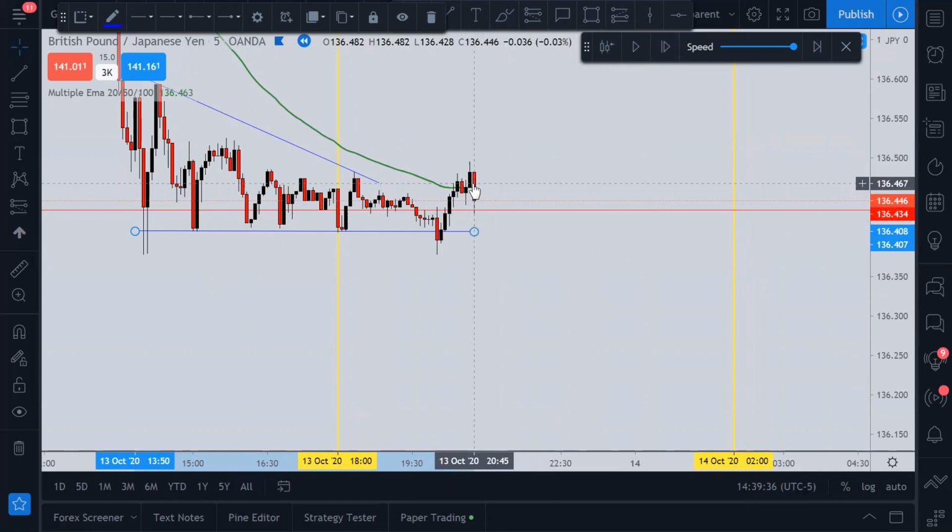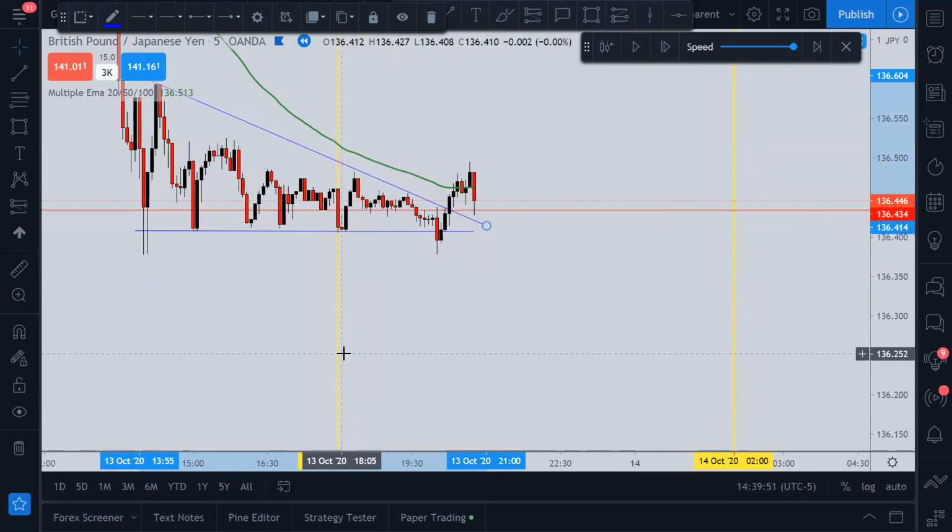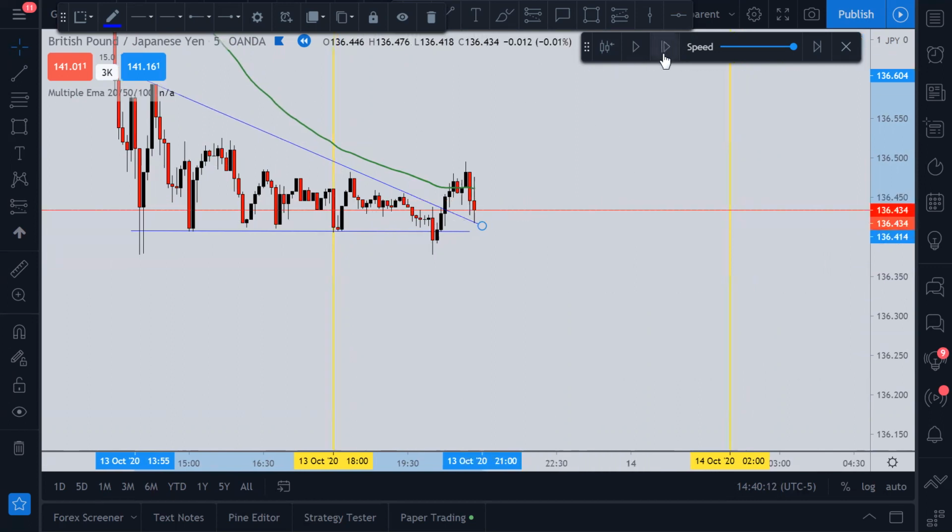Now, because it poked its head up above this 50 EMA and came back down, what I would look for if we're going to continue down, which I think we will, is a break below this low, so that I can get a nice retracement and have a good entry.